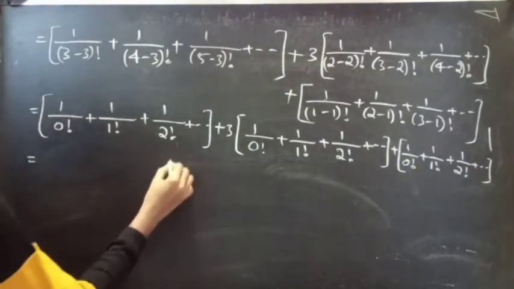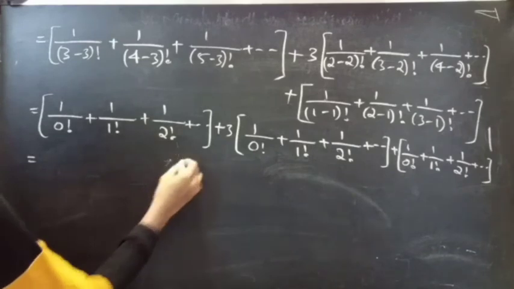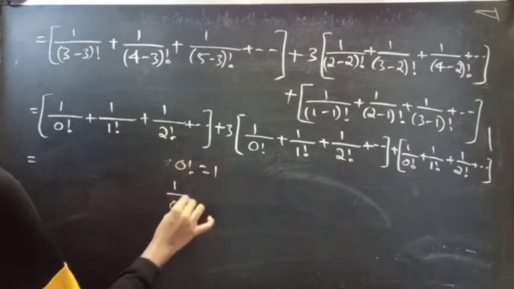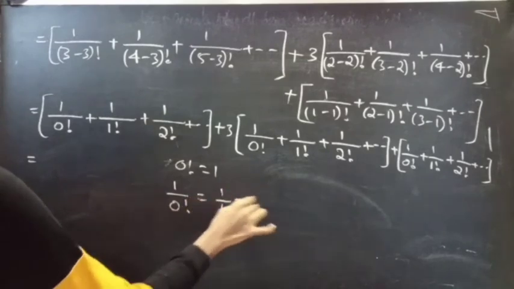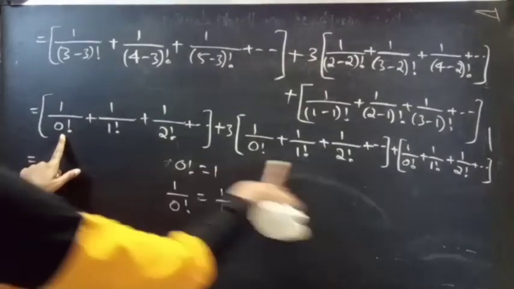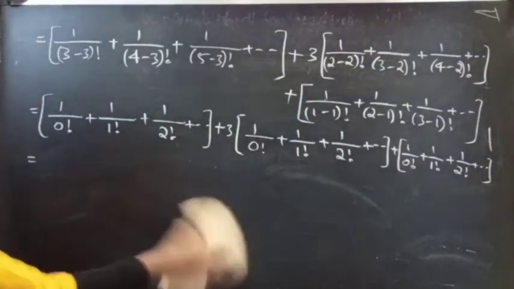Since 0 factorial equals to 1, you could write this 1 by 0 factorial as 1 by 1, which equals 1. Now we'll replace 1 by 0 factorial by 1.